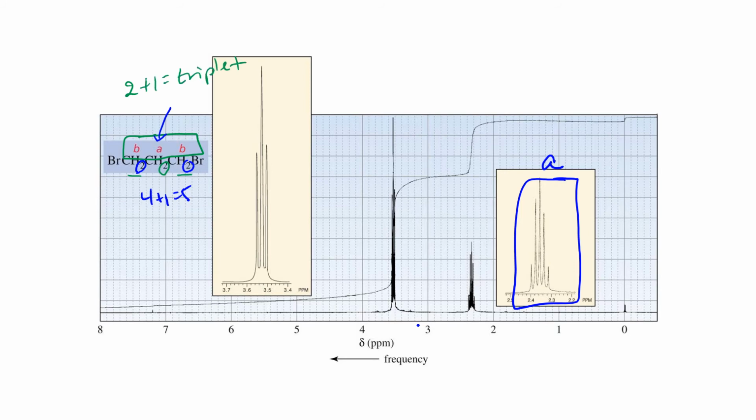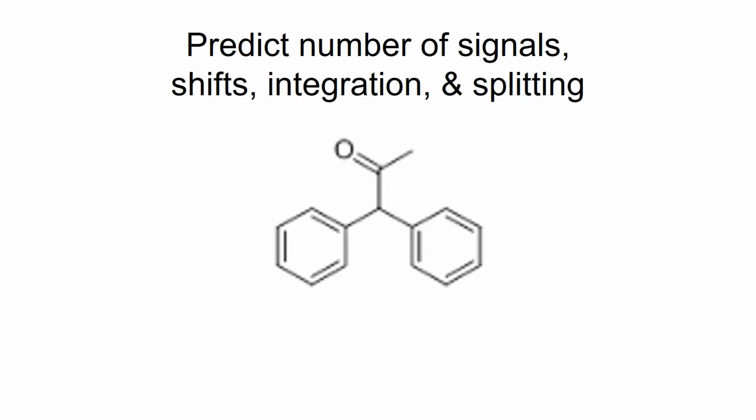That's this one here, so we're going to call this B. As far as integration goes, the values aren't on here, but you know that this should be a 4 to 2, or a 2 to 1, either ratio. And it makes sense that the protons labeled B are more deshielded because they're closer to the bromine.